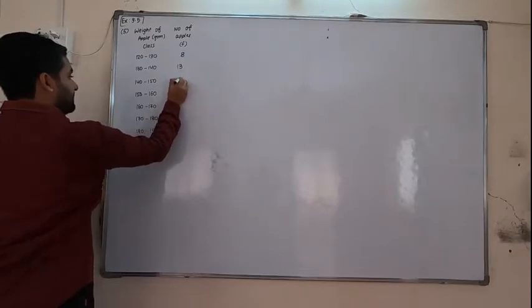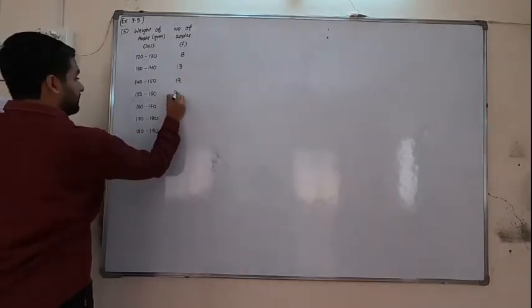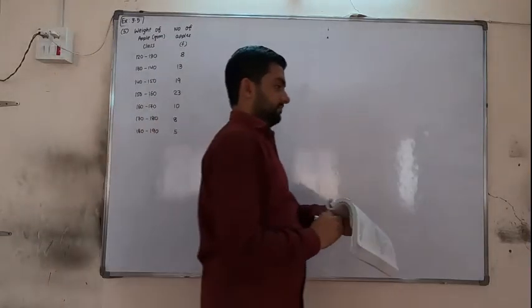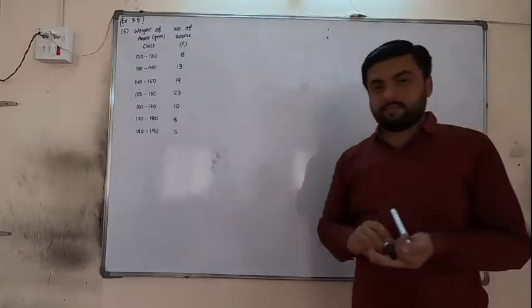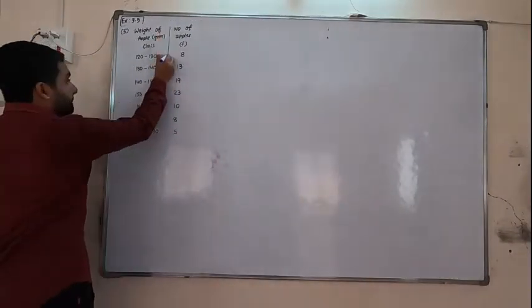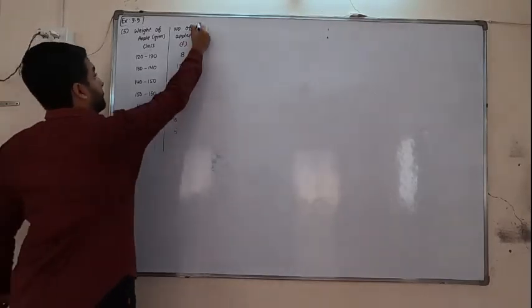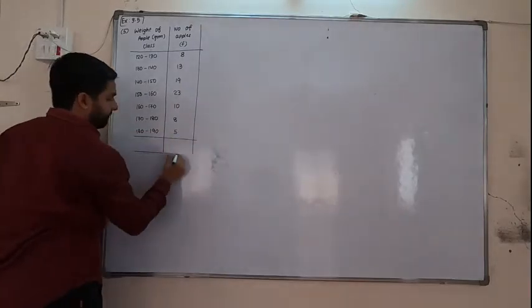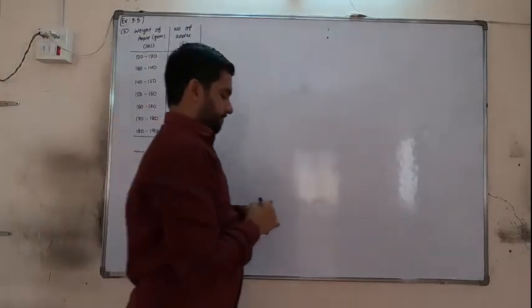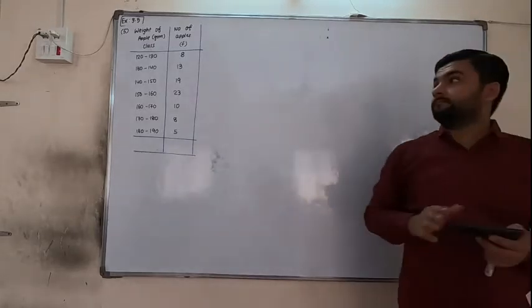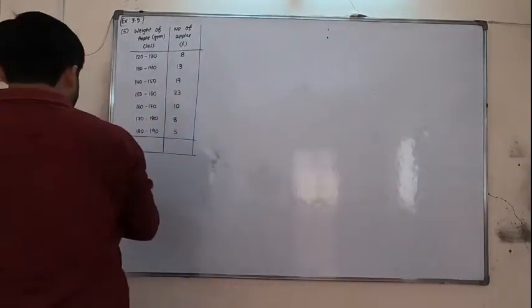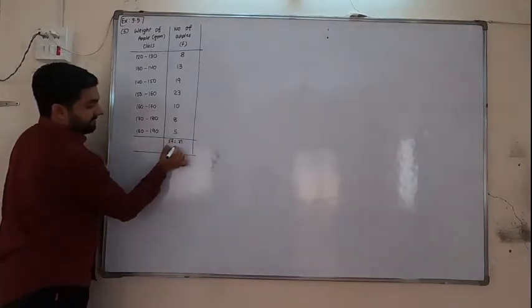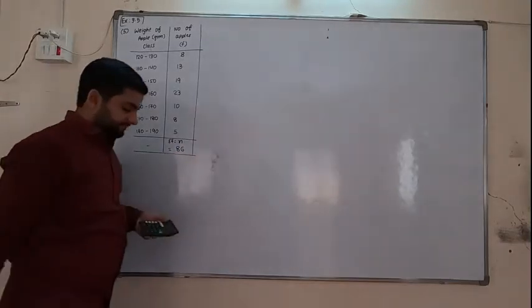Frequencies are 8, 13, 19, 23, 10, 8 and 5. Sigma f is equal to n is equal to 86.